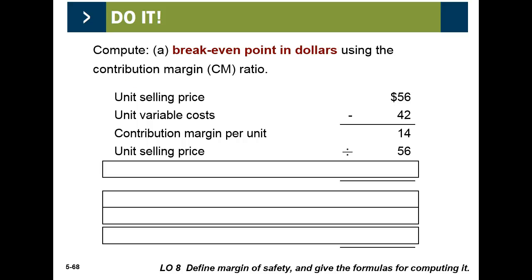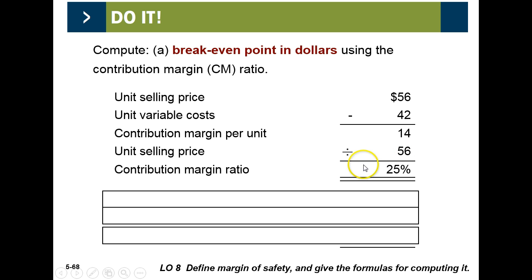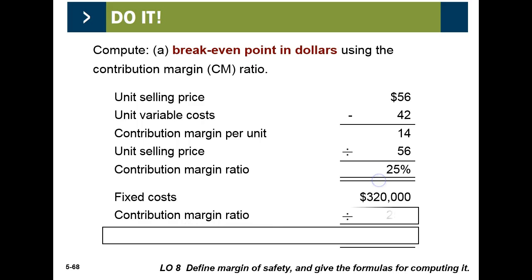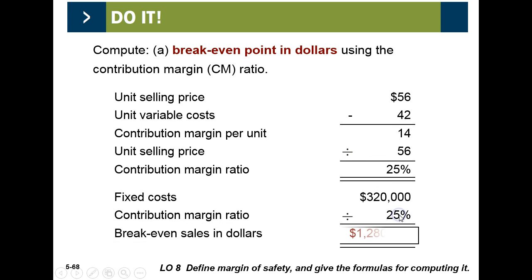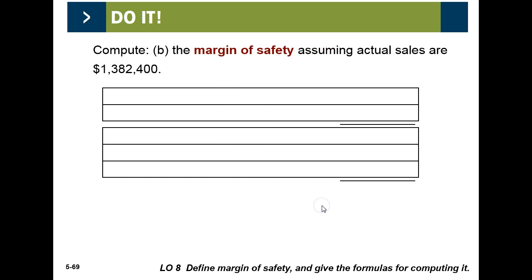So if we take our $14 per unit and divide it by our sales price, then 25% of the sales price gets applied towards the fixed cost. If our fixed costs are $320,000, we divide that by 25% to determine what we really need to sell in order to break even. This is just to break even, zero.